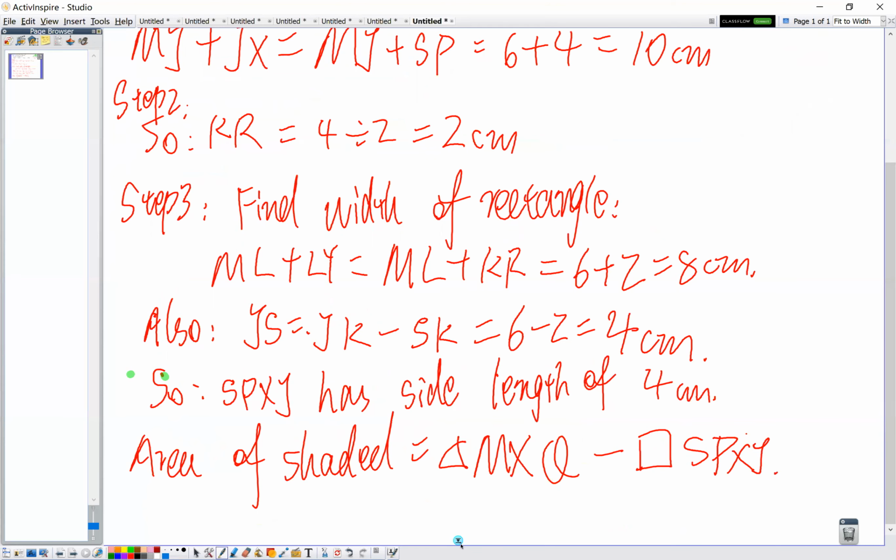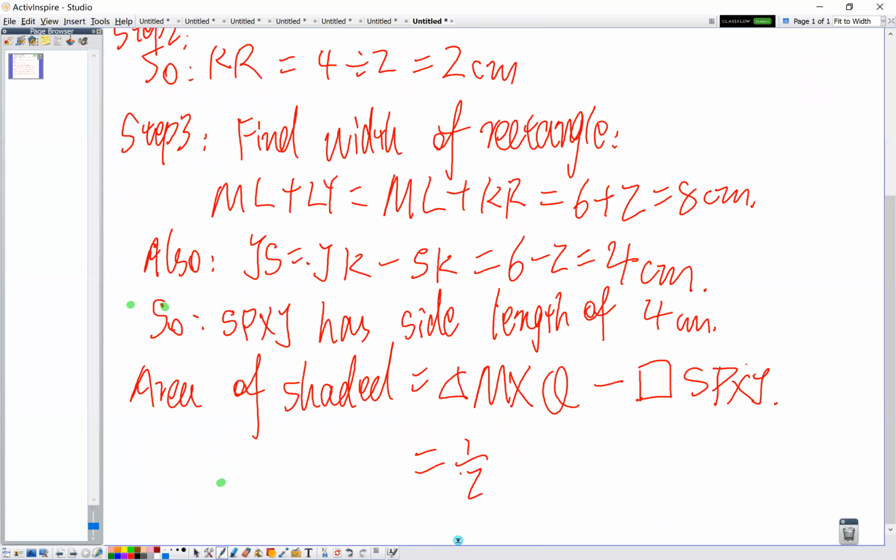So you can find this value: half times 8 times 10, take away 4 by 4, and it becomes 24 centimeters squared. That is the answer here.